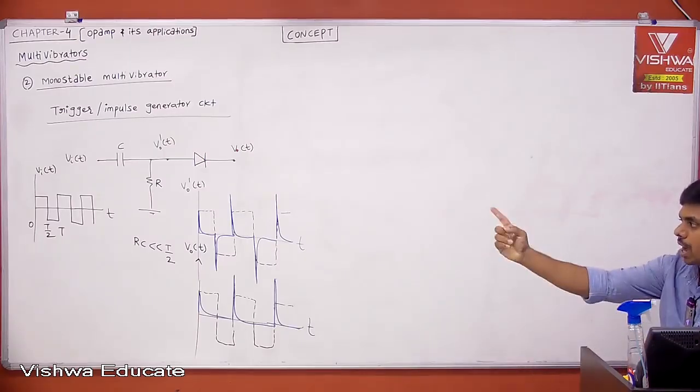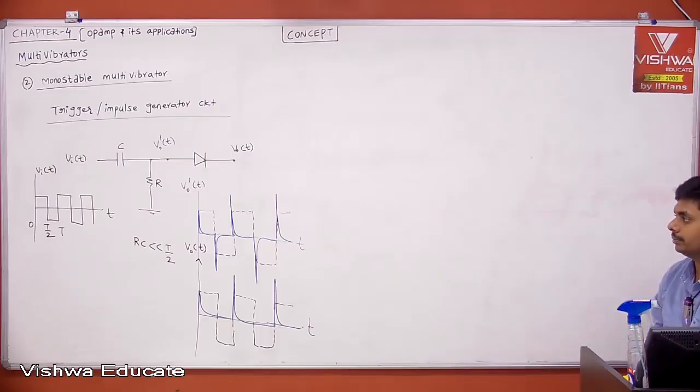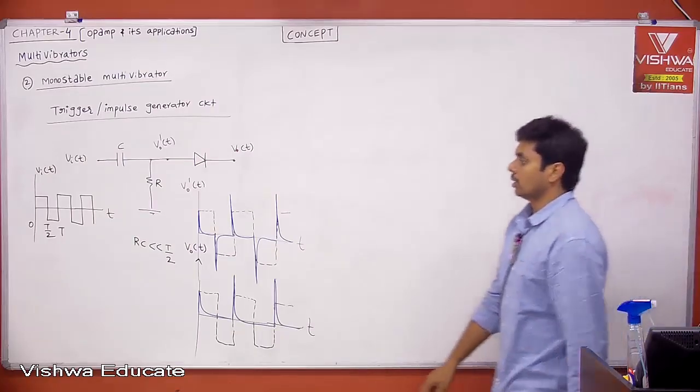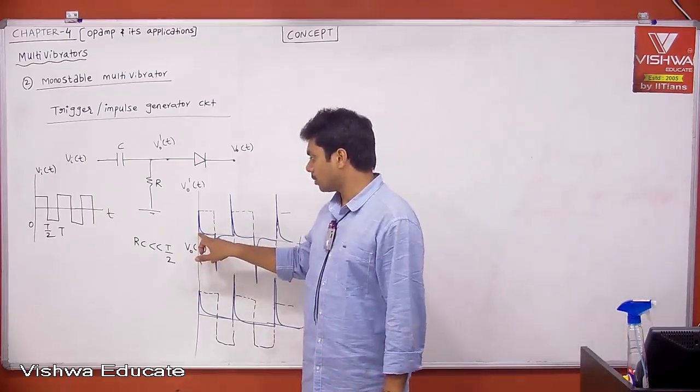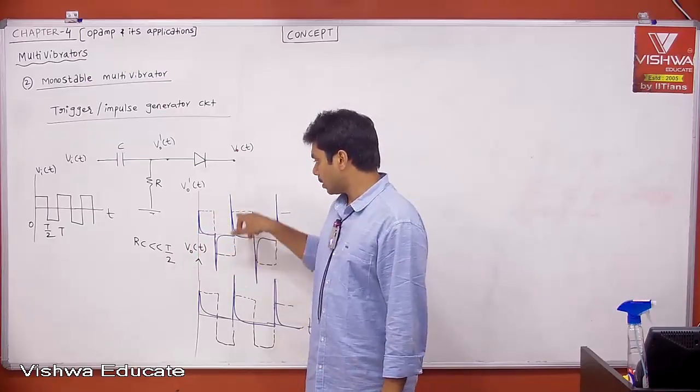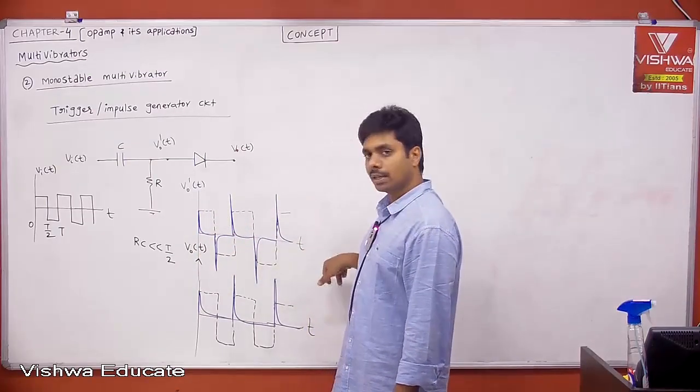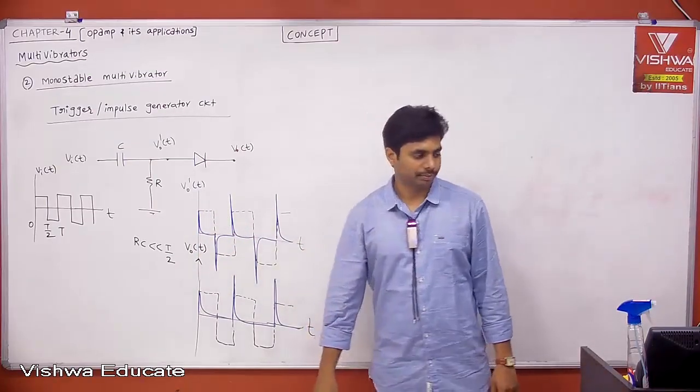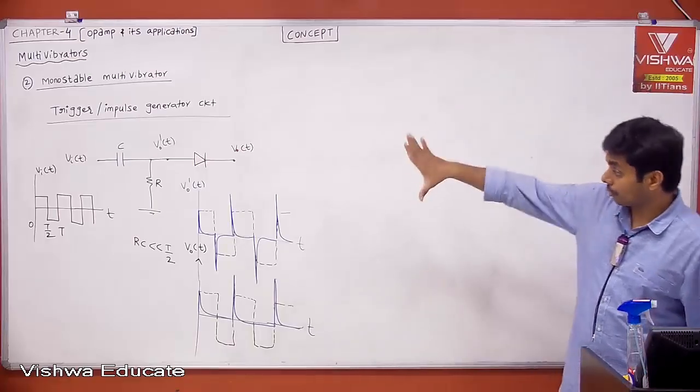You have to ignore the first half cycle or first full cycle, because if you take time t equal to 0, it is starting from 0 to V, but practically it is minus V by 2 to plus V by 2. Therefore, there is a 2V change. But the triggers will have 4V peak to peak.